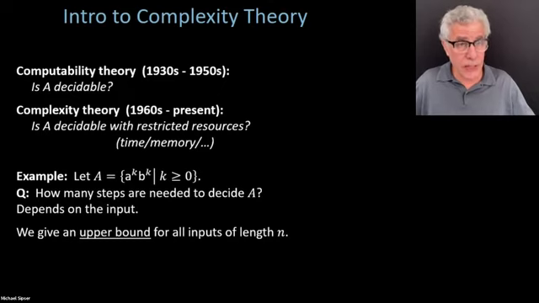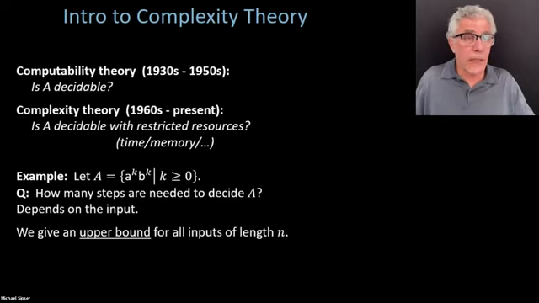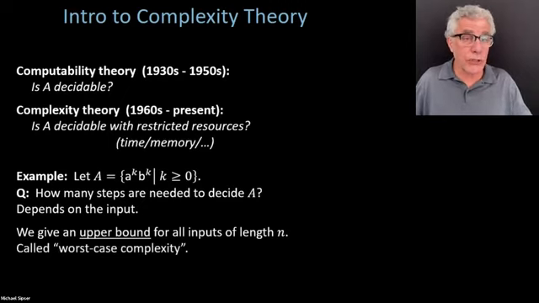And we'll do that for each length. We're going to frame it in terms of giving a maximum, or what's called an upper bound, on the amount of time that you need to solve all of those inputs of length n. That's what's sometimes called worst case complexity.